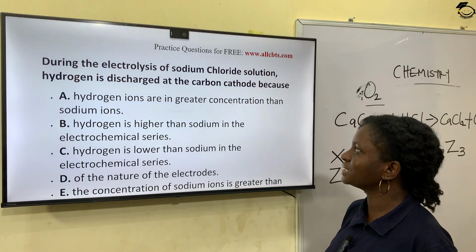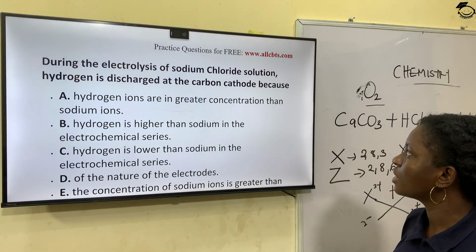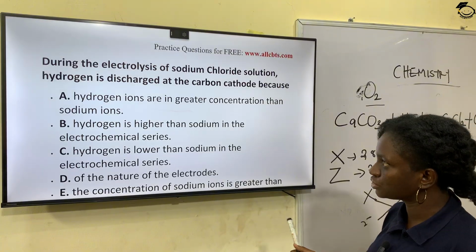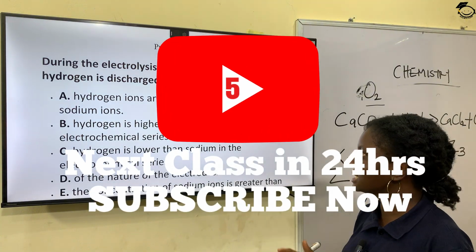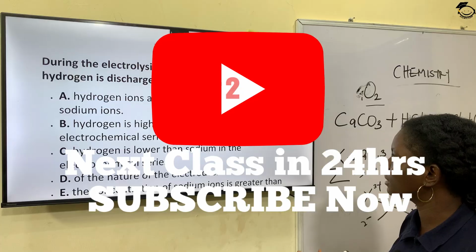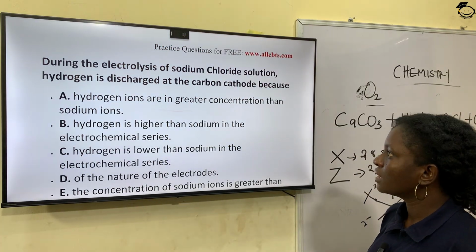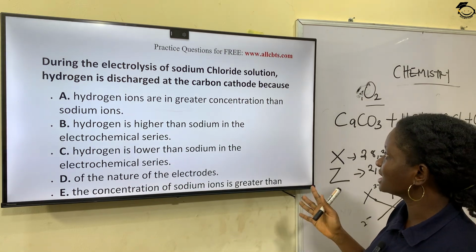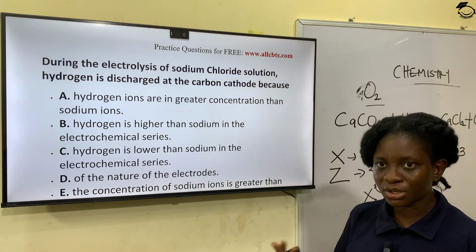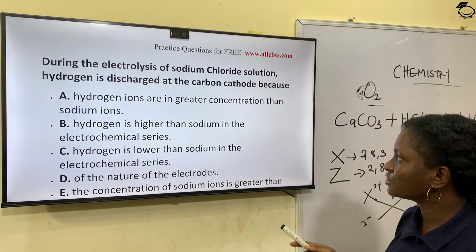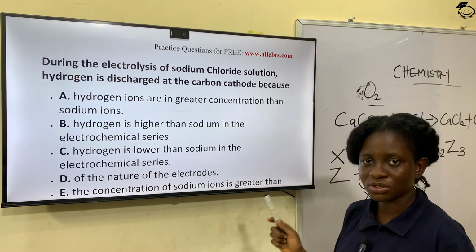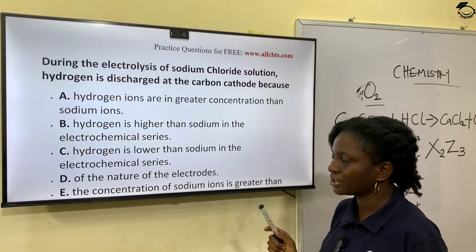Next question. During the electrolysis of sodium chloride solution, hydrogen is discharged at the carbon cathode because A, hydrogen ions are greater in concentration than sodium ions.